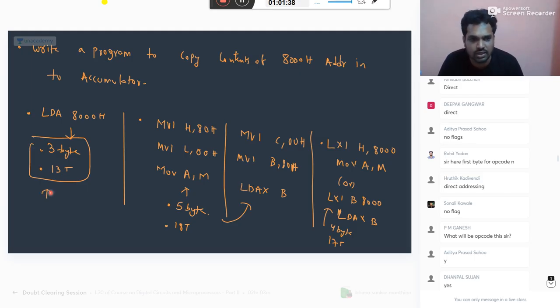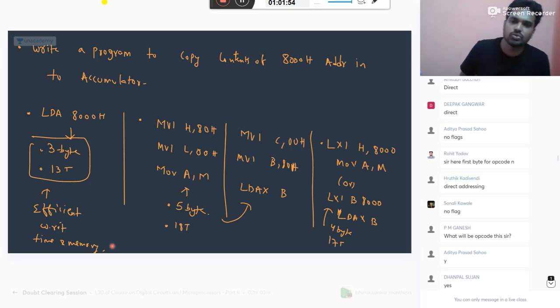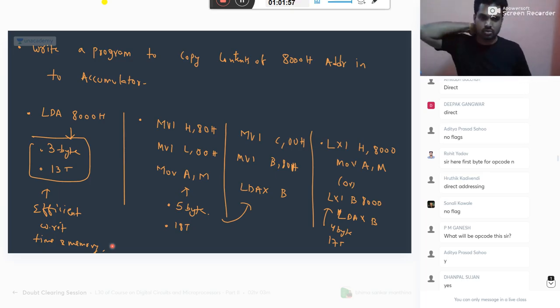The first one is efficient with respect to time and memory. Sometimes the time may be more in one and memory less in another. Whichever particular application, whatever suits you, you should choose.